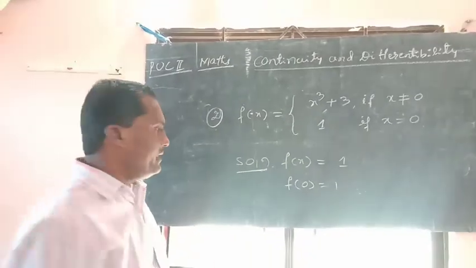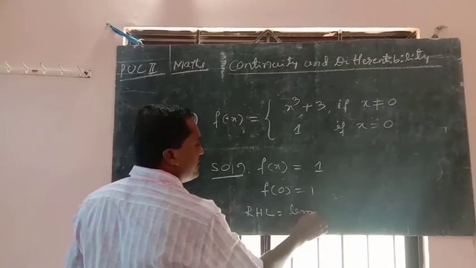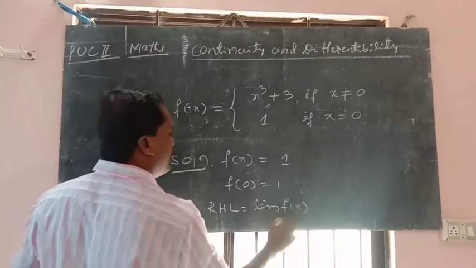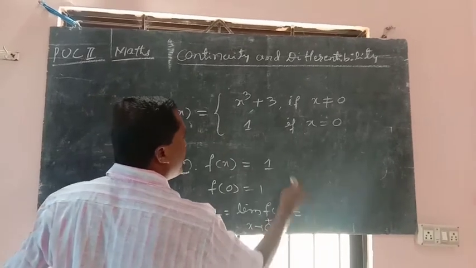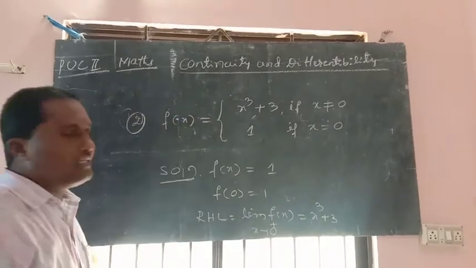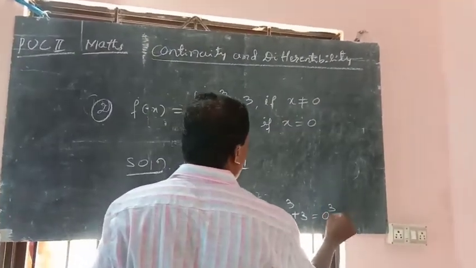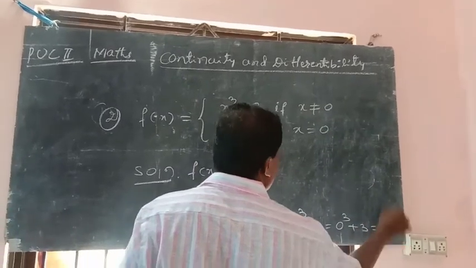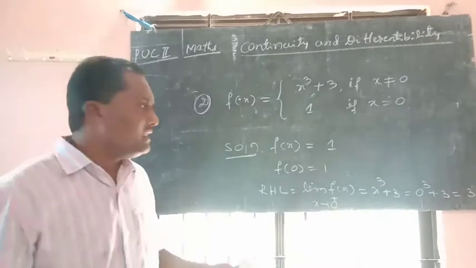Similarly, I take RHL as limit f of x as x tends to 0 plus. I take here x cube plus 3. Instead of x, you substitute 0. So 0 cube plus 3 is always 3. Understood? Yes. Next, find it out.